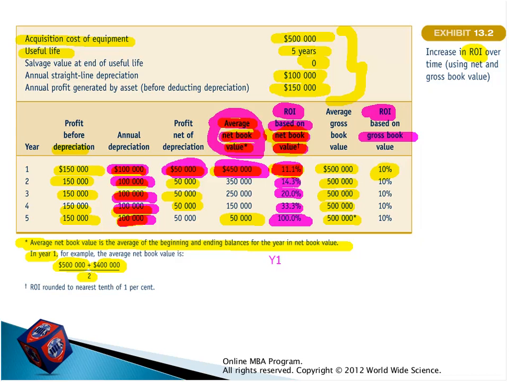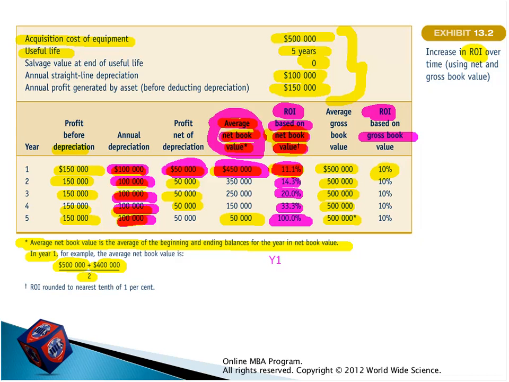Like 500 plus, sorry, the 400. The 500 is the book value of the equipment, the price actually, the cost of equipment at the beginning of the year, right? Then it comes to 400. Why? Because we are already charging the depreciation.